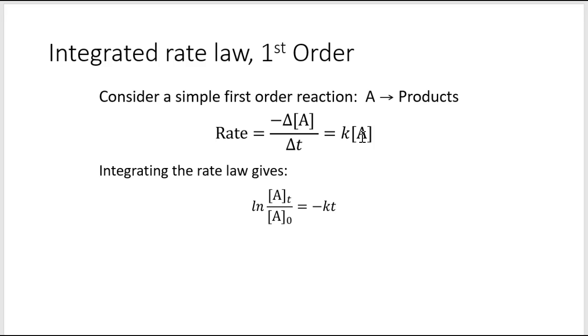When you integrate that, which if you haven't had calculus yet, you may not understand what integration is, but you can still use the result of the integration, which looks like this. The integral of this equation with time is equal to the natural log of the concentration of A at some time t, and that t is just any point in the future as the reaction progresses, over the concentration of the reactant A initially.